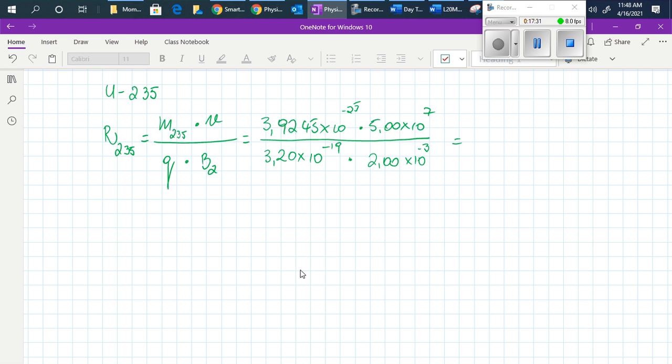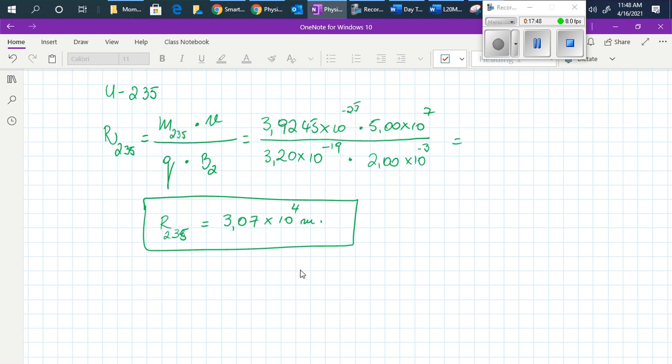And when you enter this in your calculator, you will have a radius of 3.07 times 10 to the power of 4 meters. Now, what are you expecting the radius of uranium 239 is going to be, greater or less than 3.07?